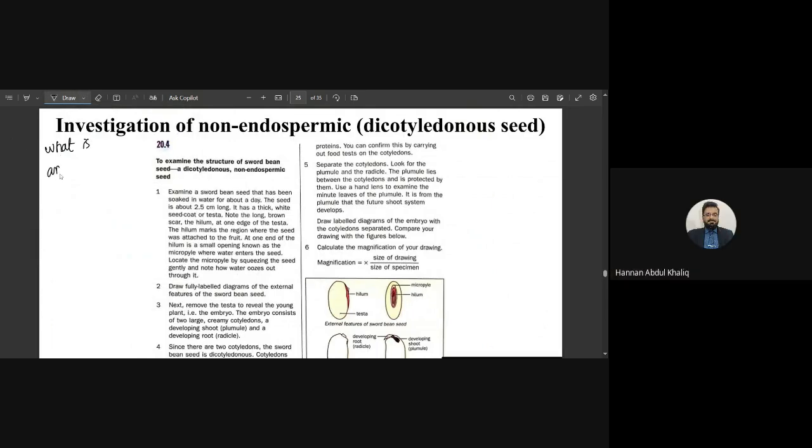Remember that an endosperm, typically, is a collection of food molecules containing fats, carbohydrates, and proteins.